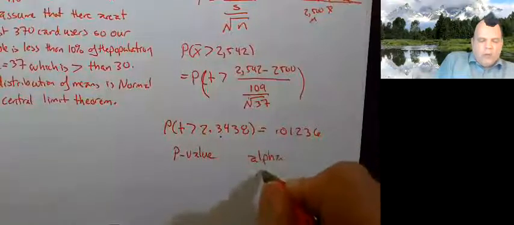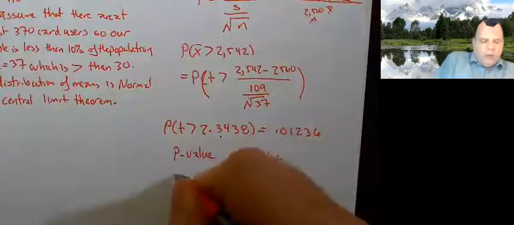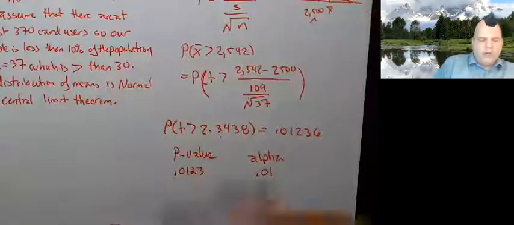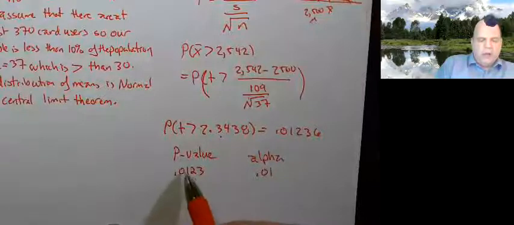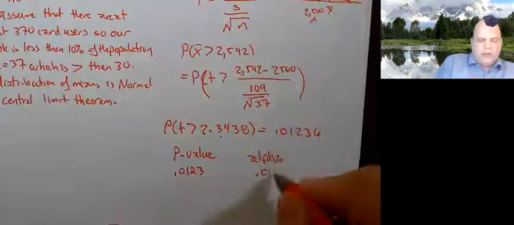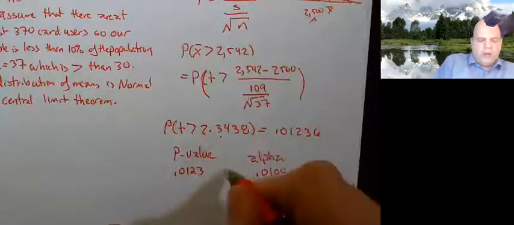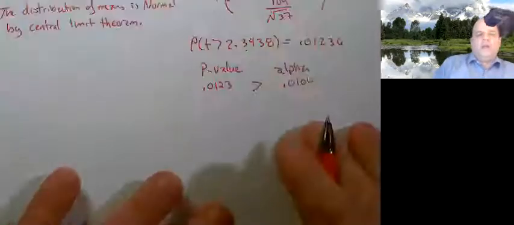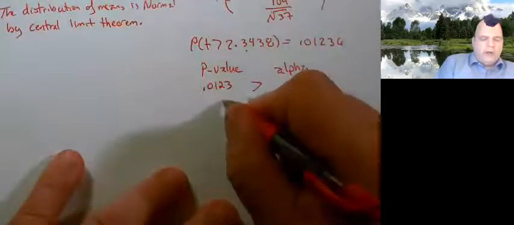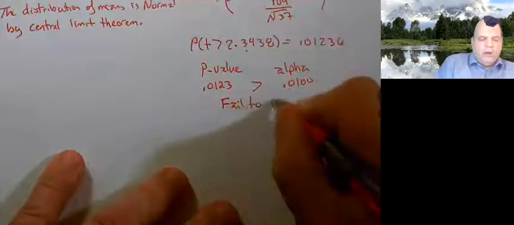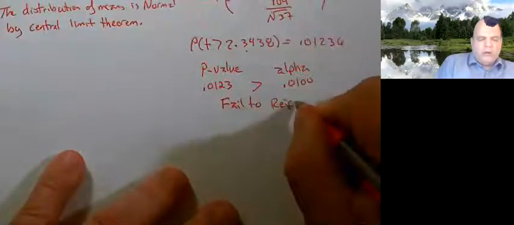So alpha is 0.01, p-value is 0.0123. So let's make this the same size. 1, 2, 3, 4 decimal places. 123 is bigger than 100. So that's a greater than symbol. And if our p-value is greater, we fail to reject.